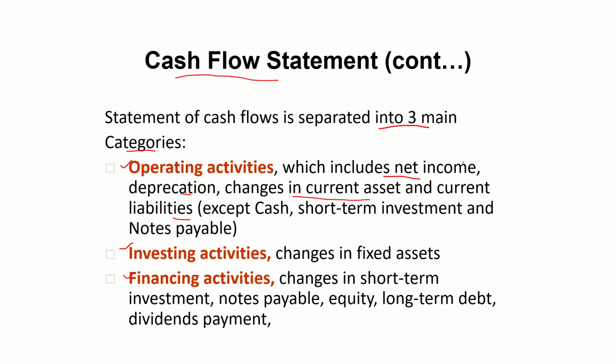Net income is from the income statement. Depreciation can be in the income statement. Changes in current asset and current liabilities come from the balance sheet. Investing activities is changes in fixed asset. Fixed asset is considered as investment. Then financing activities is changes in short-term investment, notes payable, equity, long-term debt, and dividend payment.